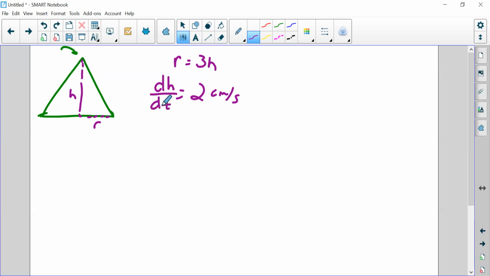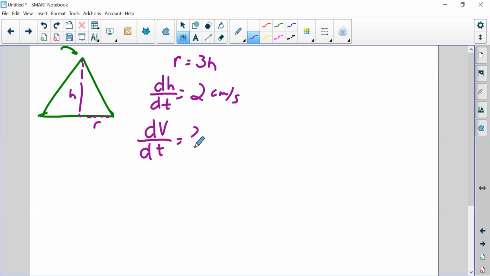And we want to figure out at what rate the sand is leaving the bin at that instant. So what would be the calculus notation for the rate at which the sand is leaving the bin? Well, the way you can find it is how quickly the volume of the cone is changing. Exactly. So the rate in which it's leaving the bin is the rate of change of volume.